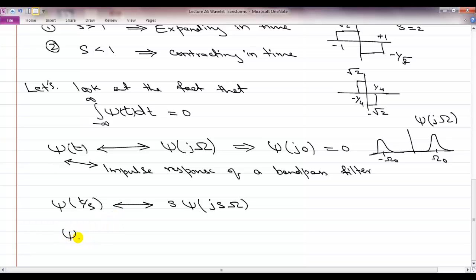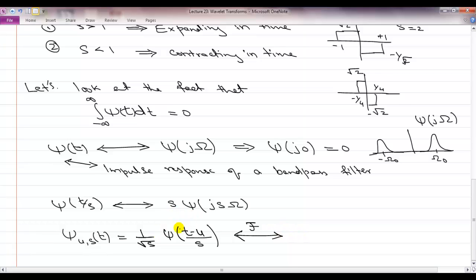So if I want to ask what is the Fourier transform of psi u,s, which is shifted, which is equal to 1 over square root of s psi of t minus u over s. Okay. What is the Fourier transform of that thing?